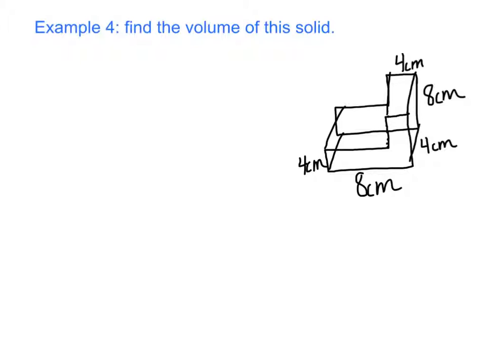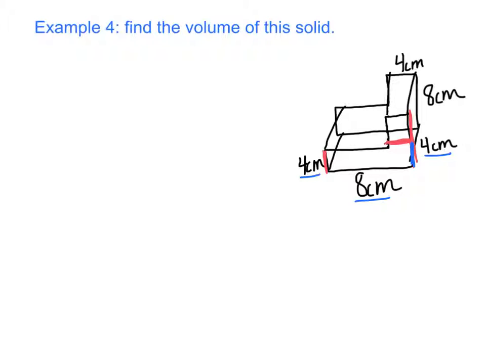Example 4, we're asked to find the volume of this solid. It's just like finding the area of a multiple figure. You're going to have to break this up. When you break this apart right at the seam here, it breaks this into half because this is 4 centimeters here, so therefore from here to here is 4 centimeters also. So to find just this bottom part, it would be length times width times height.